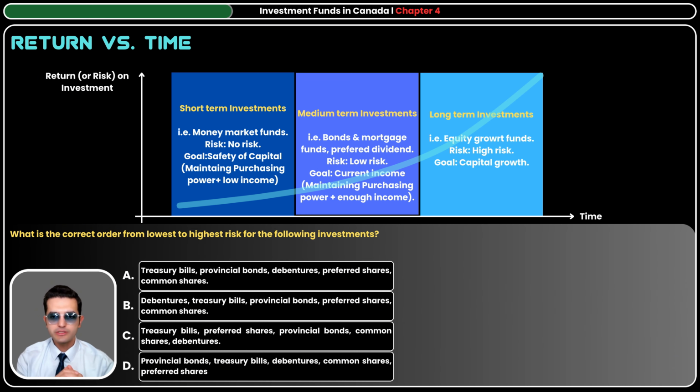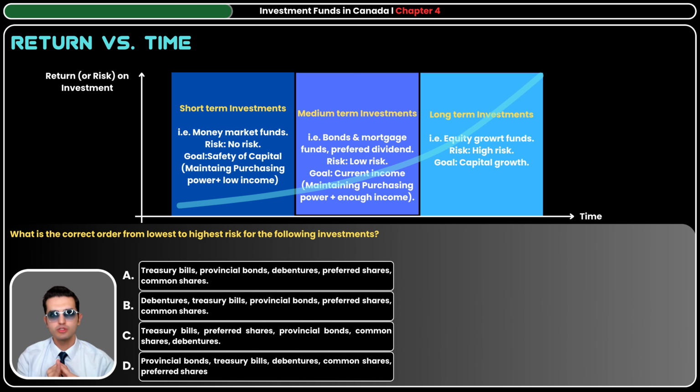A, treasury bills, provincial bonds, debentures, preferred shares, and common shares. B, debentures, treasury bills, provincial bonds, preferred shares, and common shares. C, treasury bills, preferred shares, provincial bonds, common shares, and debentures. And D, provincial bonds, treasury bills, debentures, common shares, and preferred shares.